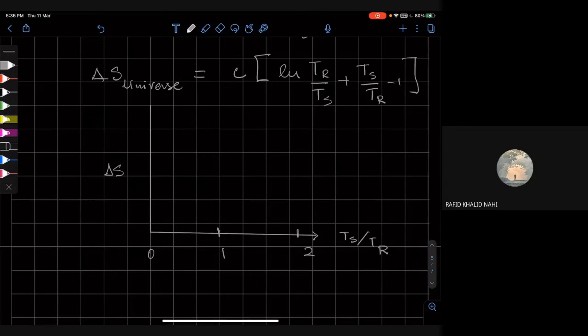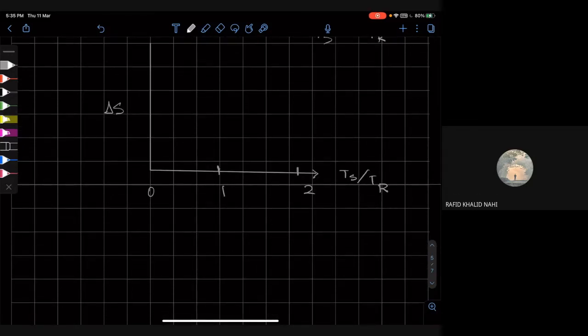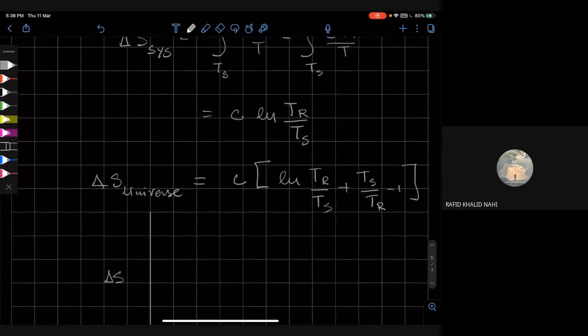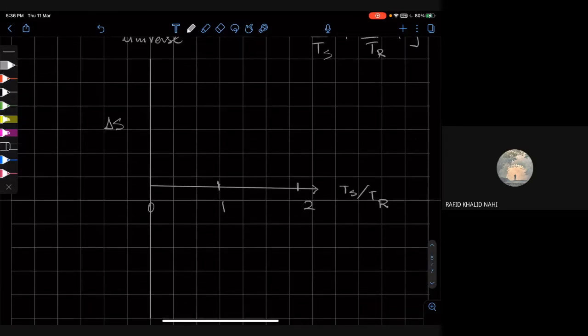We also have to consider it going negative. If you look at the reservoir temperature, it's kind of a linear function, so it goes something like this. Whereas the system is kind of a logarithmic function, and it goes something like this.